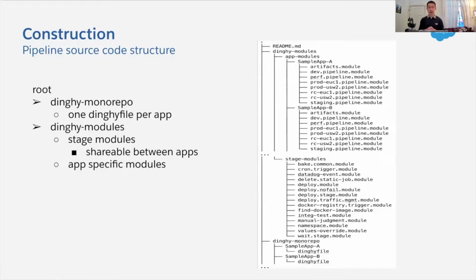We have a Dinghy file at the top level. So we have one Dinghy file per app. We have the modules organized into stage modules and app-specific modules. This is an example. We have one sample application, and here are the stage modules, which can be shared between applications.